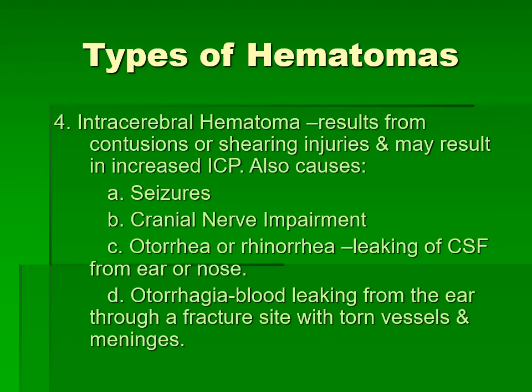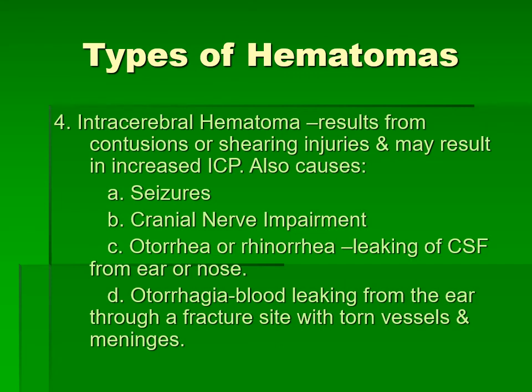Intracerebral hematoma results from contusions or shearing injuries that may result in increased intracranial pressure. These can also cause seizures, cranial nerve impairment, otorrhea, rhinorrhea, so leaking cerebral spinal fluid from the ear, from the nose.